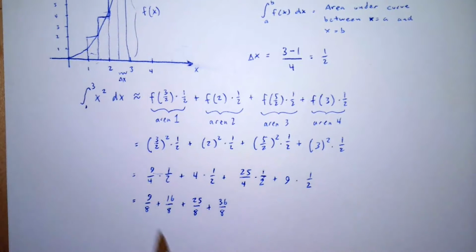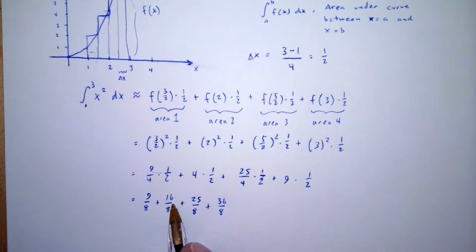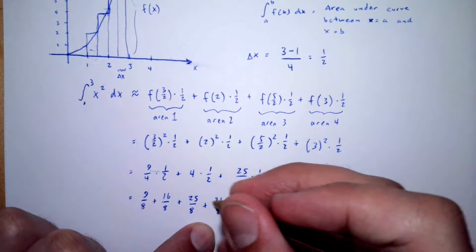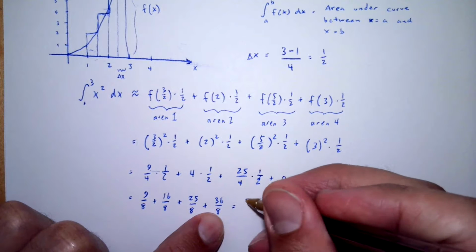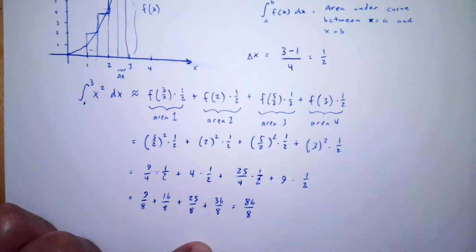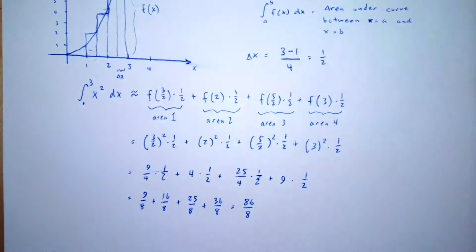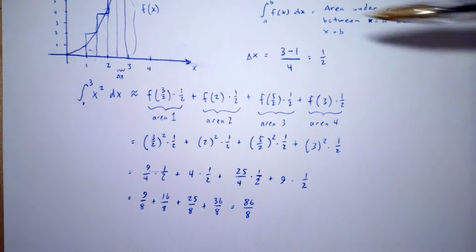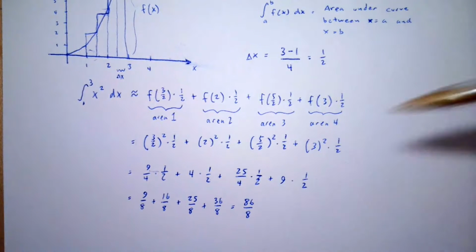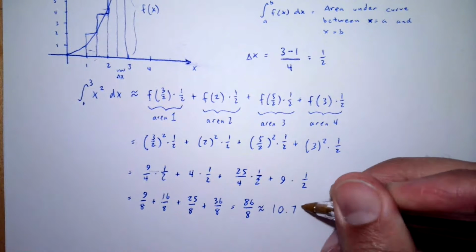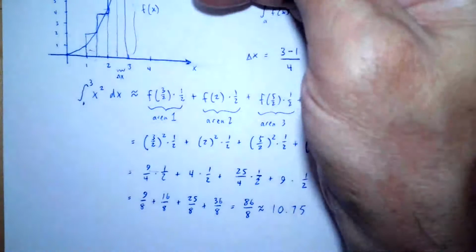And so let's see, 9 plus 16 is 25. Plus 25 would be 50. And then altogether we get 50 plus 36 would be 86/8. Which is our approximate area. So we're saying that this area here is approximately 86/8. What number is that? 86/8 is approximately 10.75. So that's approximately our area here.